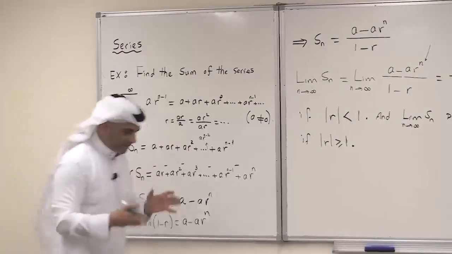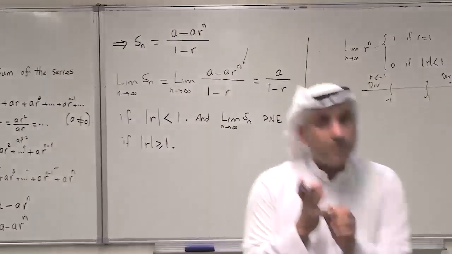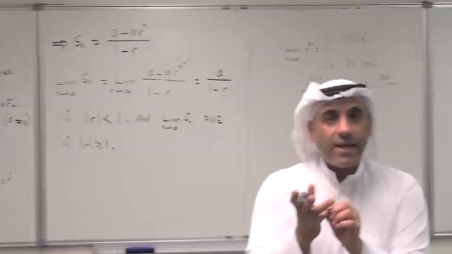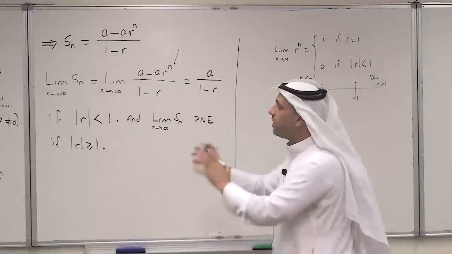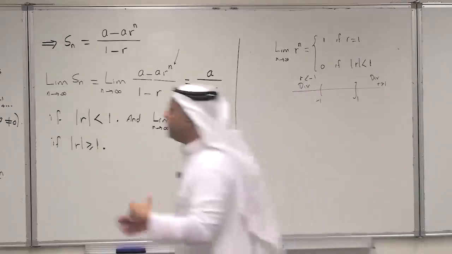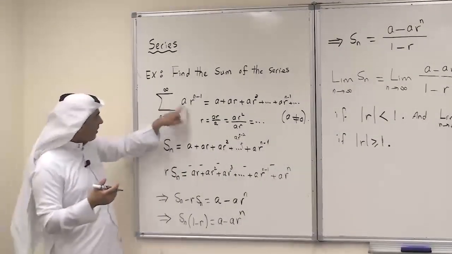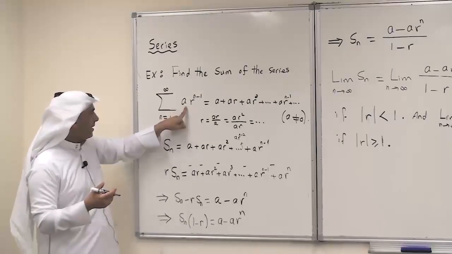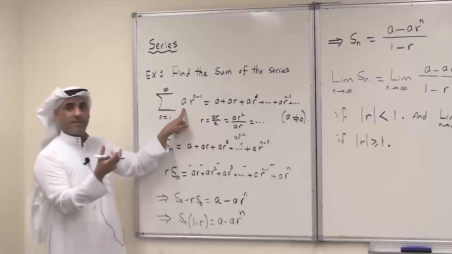Now let us summarize. First, the name of this series is called the geometric series, and the discussion we made here is called the geometric series test. Meaning, if you have a series of this specific form, it is called a geometric series. What is the property of a geometric series?